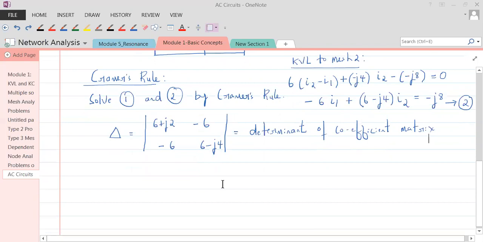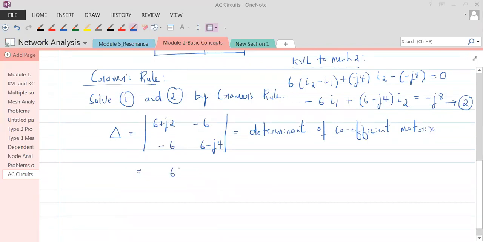So let's find the determinant here. How to find the determinant? It is equal to (6 plus J2) into (6 minus J4), minus... minus into minus is plus, but there should be a minus, you all understand why. Is this okay with you?